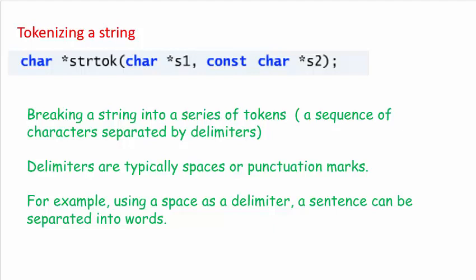So you can, for example, use this function to count words in a sentence, where the words are separated by spaces, and the space is the delimiter. You can have more than one delimiter, like a space and a comma.